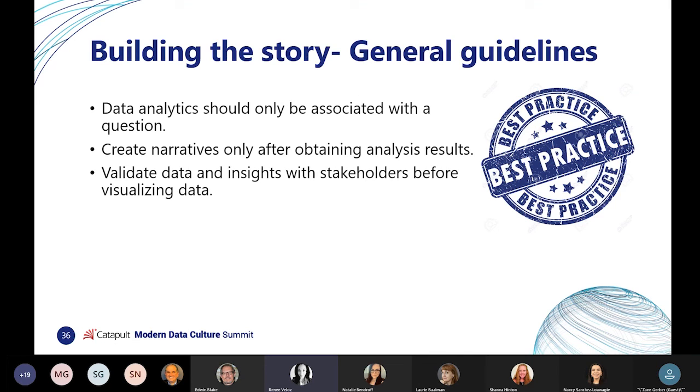So as a last point, the general guidelines in building a story, and Natalie mentioned this at the very top of the presentation: data analytics should only be associated with a question. You don't want to go into analyzing data with some kind of objective, right?